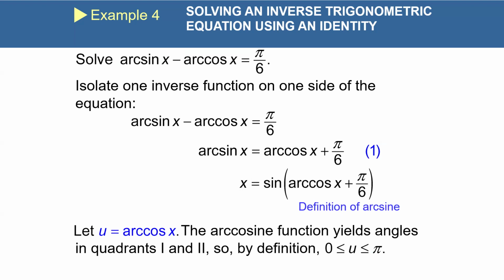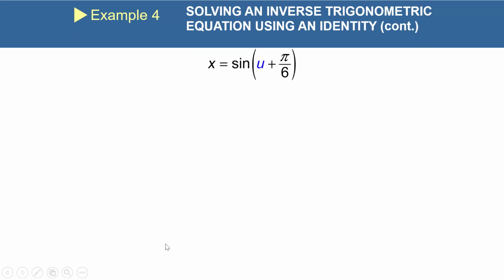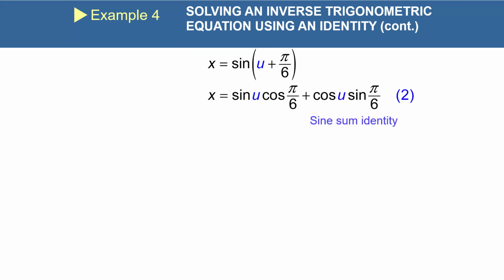So U equals arc cosine x, and everywhere there's arc cosine x, we're going to replace it with a U. So it's going to look like this now: sine of U plus pi over 6. Are y'all still okay? All we did was make it smaller.